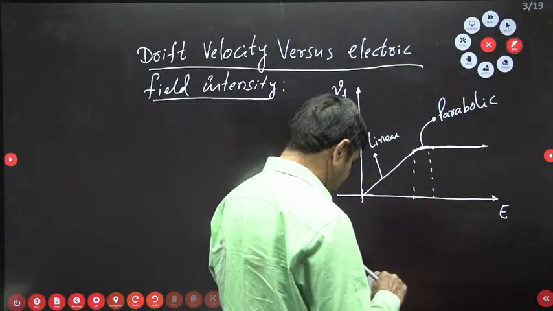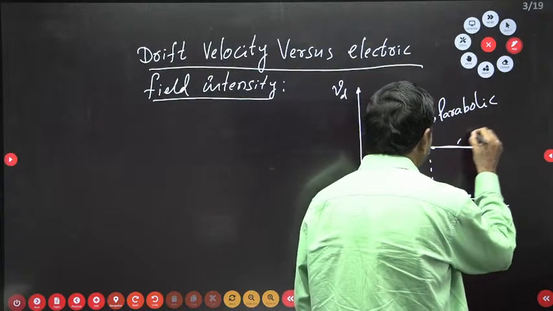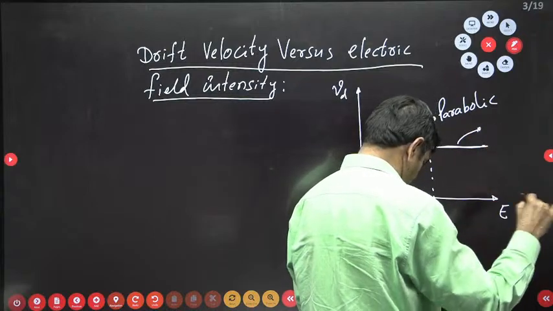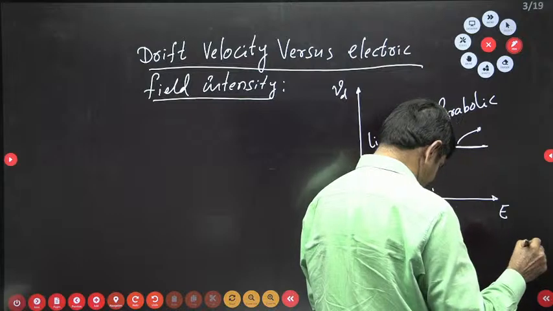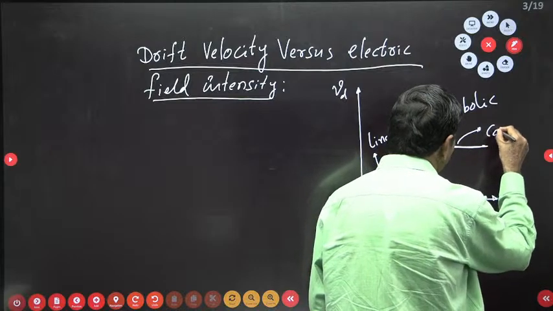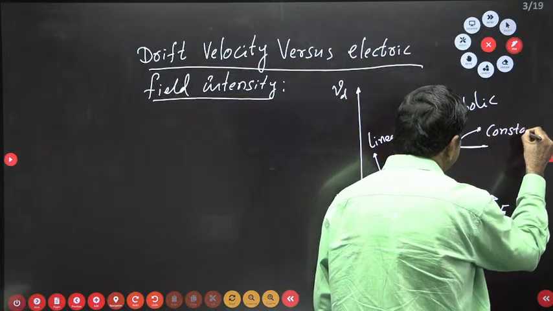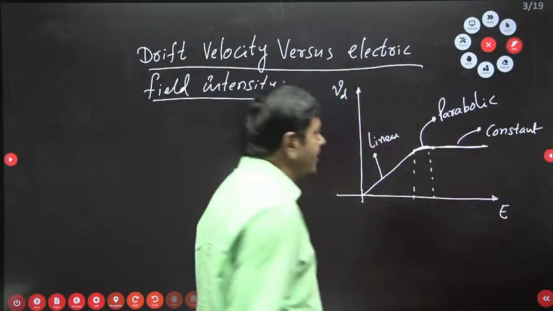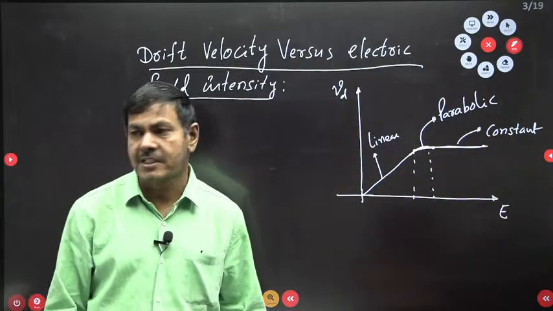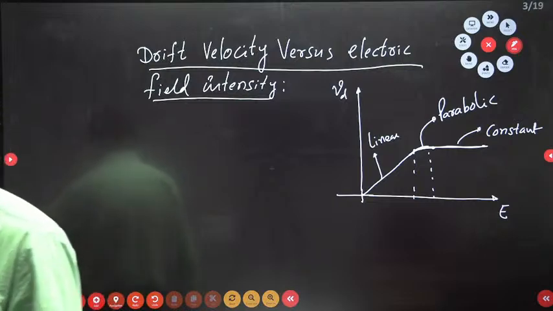Then next it reaches saturation, constant. It will remain constant. Such a shape is mostly possible here. Understand now.